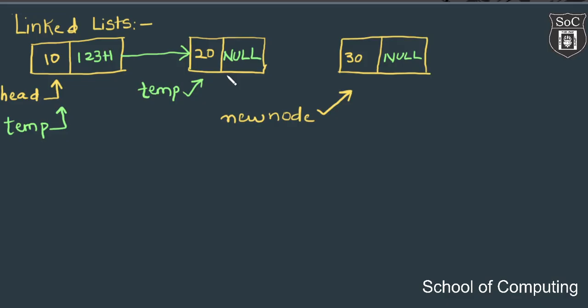Now what I will do is I will replace this null with the address of this new node. When I replace null with the address of the new node, what will happen? Now this null is replaced with the address of the new node. So it means the second node is now pointing to the third node.